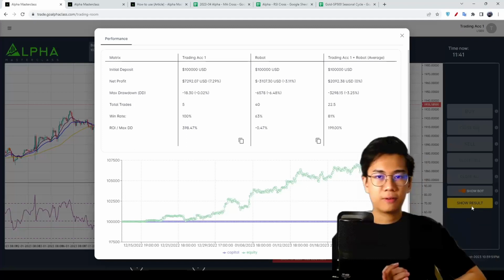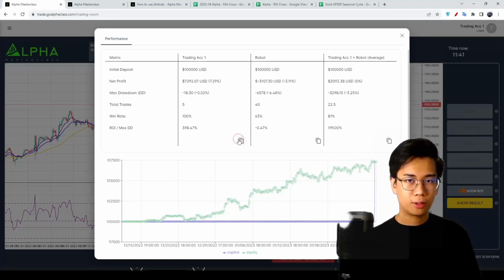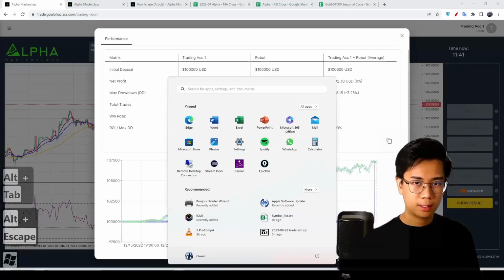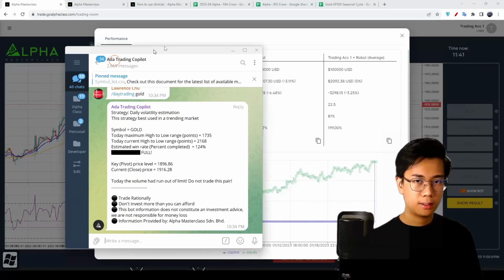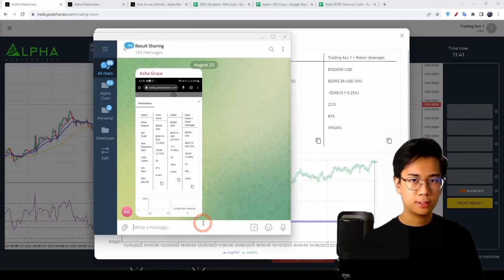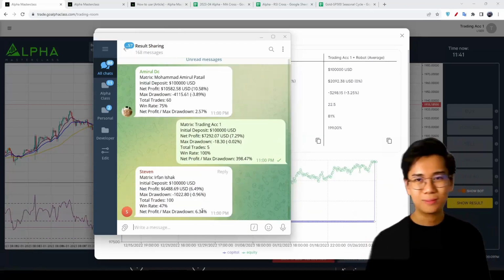How did you guys perform this time? All you need to do is copy first, and share it into the Telegram group, in the result sharing there. Yes, I made 5%. Wow, bot lost money. Okay.